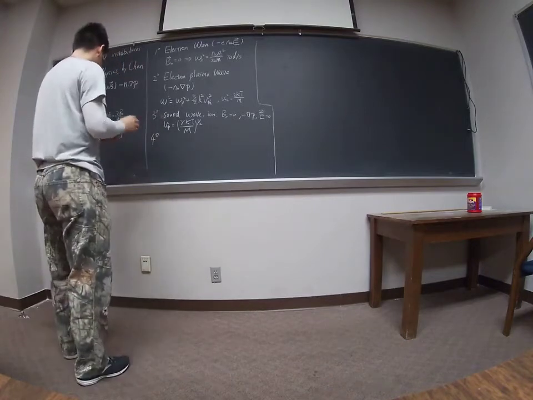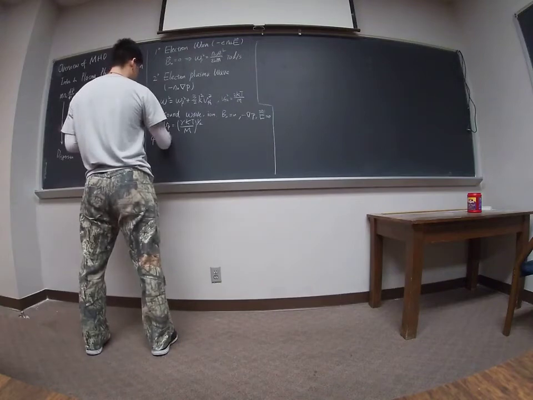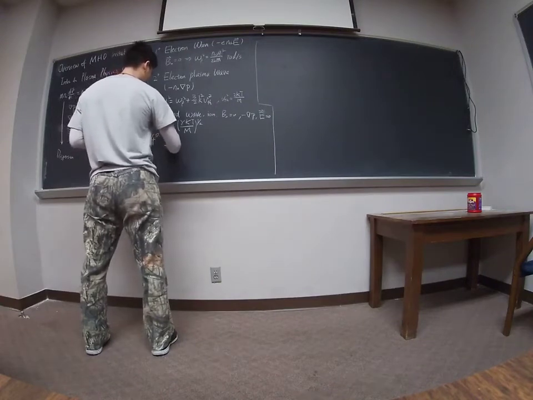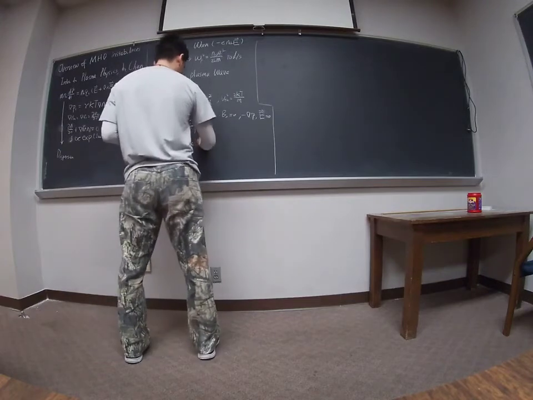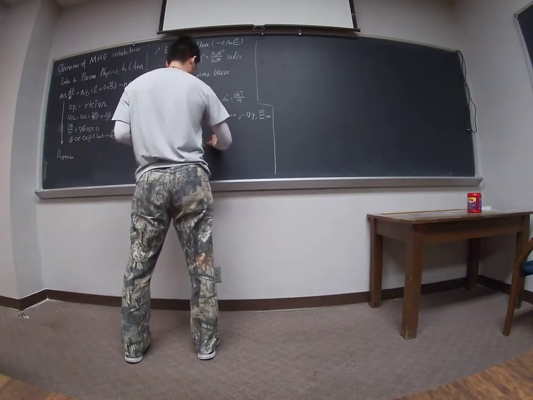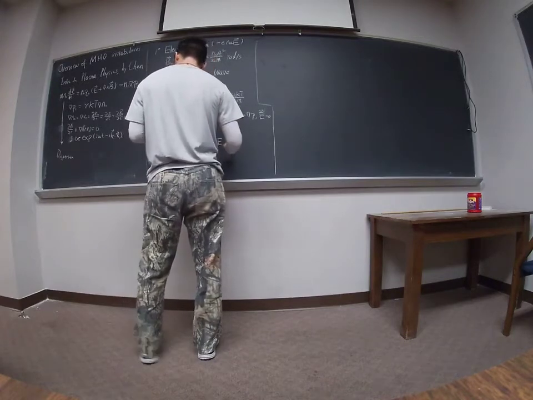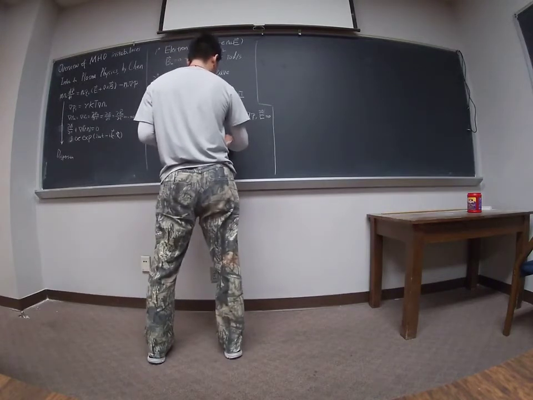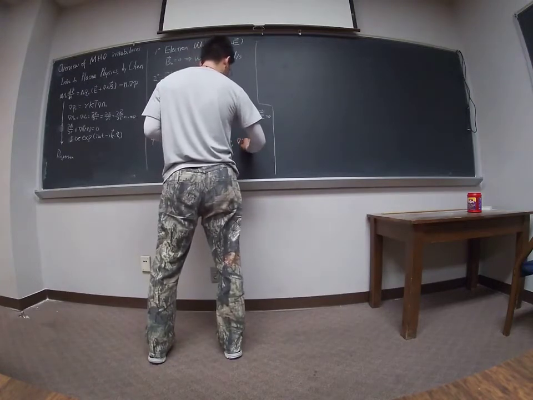After that, we study the ion wave. So B not equals 0 and E not equal to 0. We include the electric field and we include the pressure gradient.